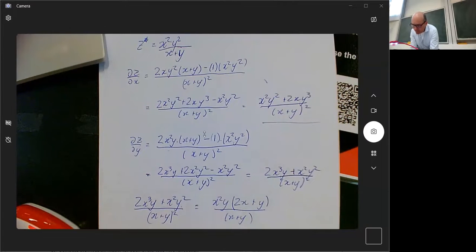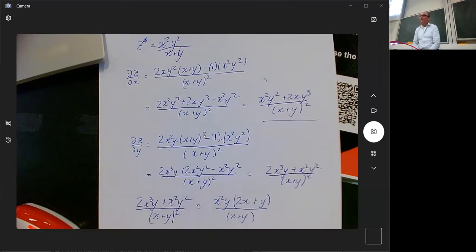So what I take from this is x is equal to 0, or y is equal to 0, or 2x plus y is equal to 0. I'm focusing on that numerator, and x could be 0 or y could be 0 or 2x plus y could be 0. For this one, maybe y is equal to minus 2x.